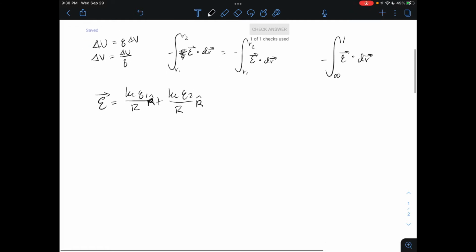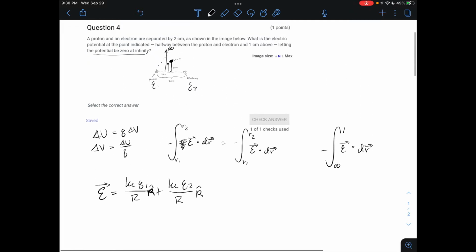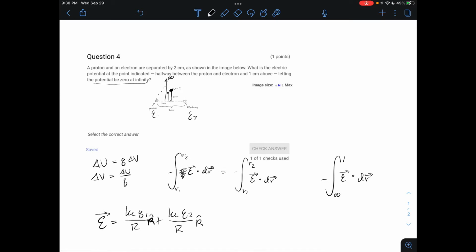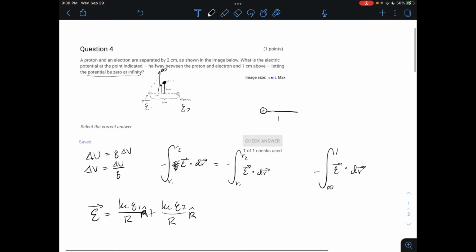So if I break these down further, we make this triangle over here, just looking at the proton. We have this distance, 1, and oh, this is centimeters too. I wrote 1 down here, but it's actually 0.01 because we want to stay in meters.